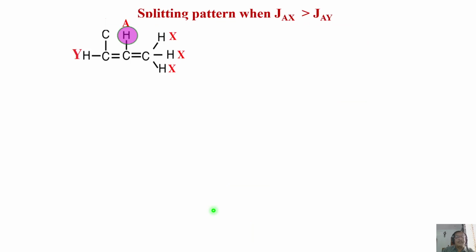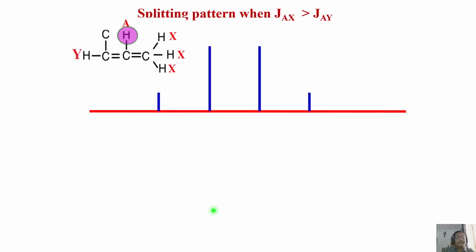Now, consider a situation where AX is greater than AY. That means this coupling is larger, so the quartet coupling is larger. What do the adjacent lines of the quartet give? JAX. Remember, I am concentrating on this proton. This proton is split into a quartet because of CH3 protons.